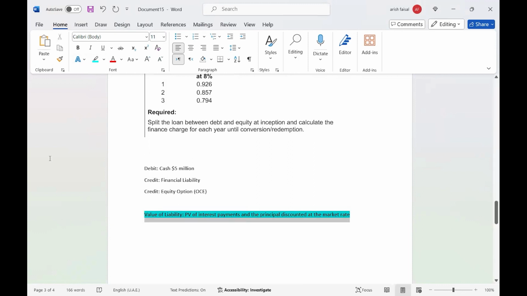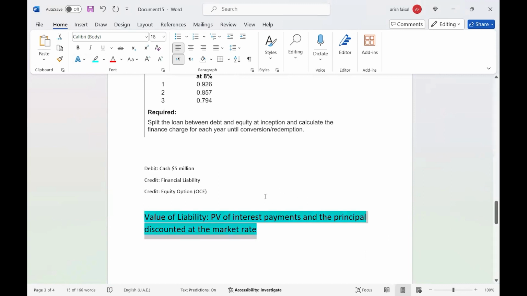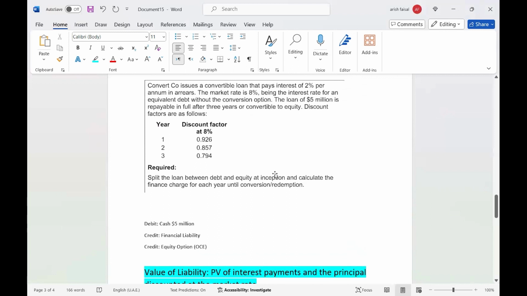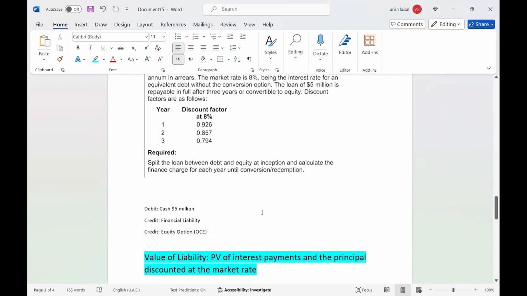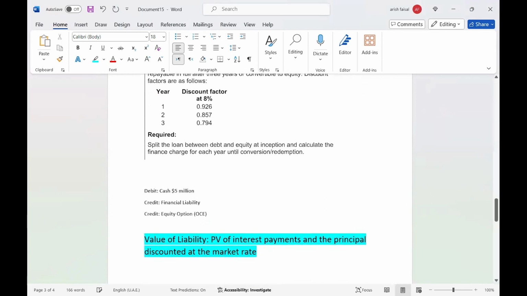So the interest this bond is basically giving is around 2 percent of 5 million. So 5 million into 2 percent will be around 100,000 basically.